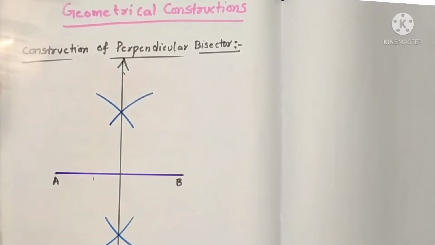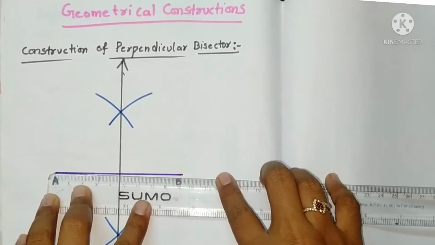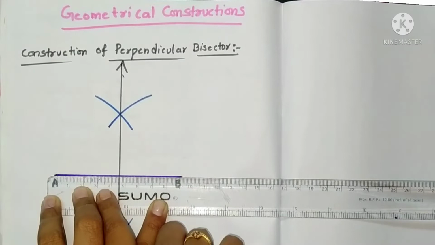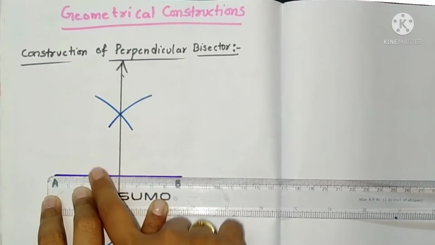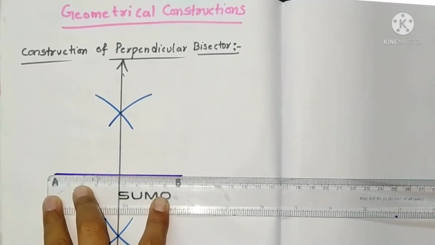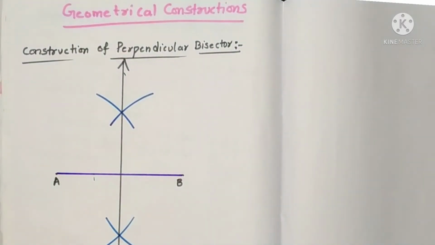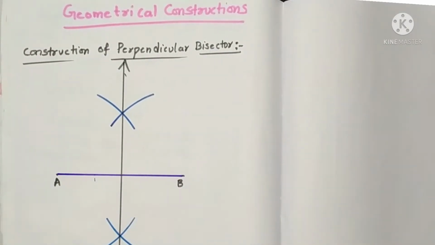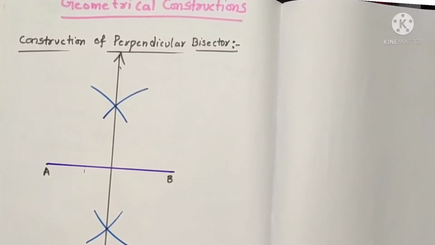See here, AB is 9 centimeters, and exactly at 4.5 this line is there, no? That means these two parts are equal. This is called the perpendicular bisector, and we know this angle is 90 degrees. In this way we can draw a perpendicular bisector for a given line.